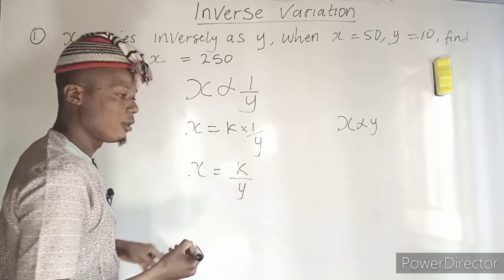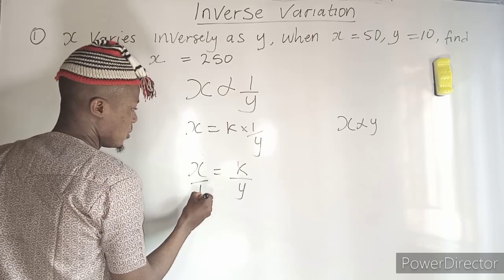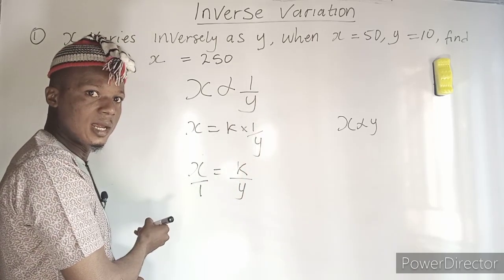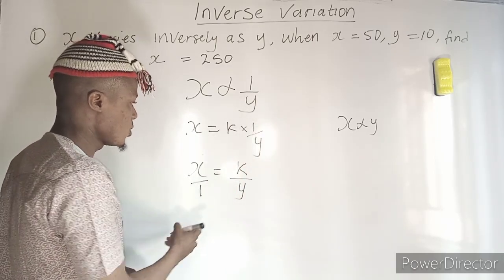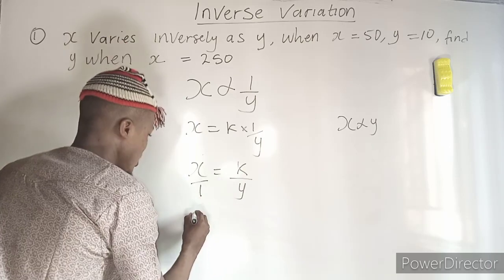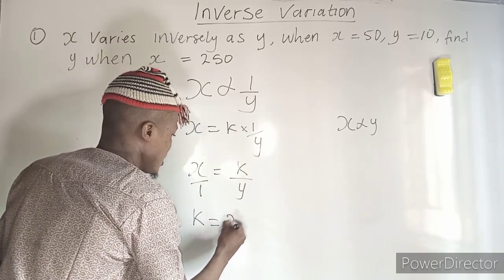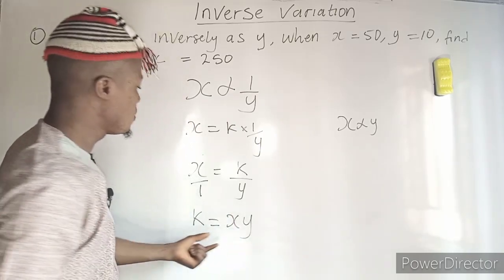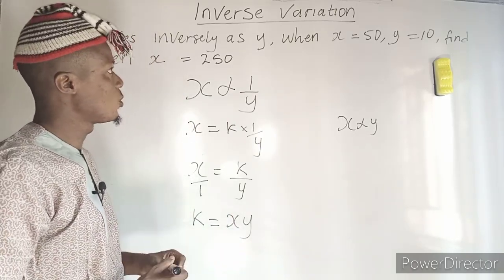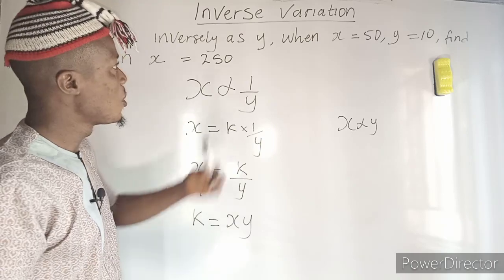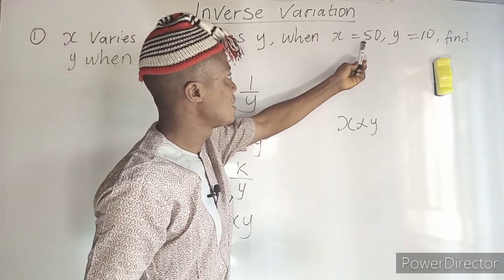If I want to get the value of my k, I can make this x to be over 1. Then I will cross multiply. When I cross multiply k with 1, it will give me k equals x times y, which is xy. So it means that the value of k is now xy. You now ask yourself, what is your x? x is 50.